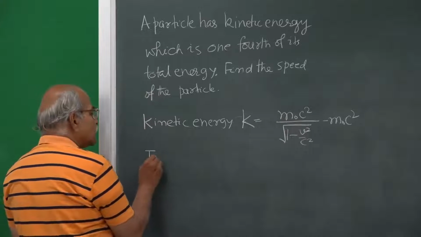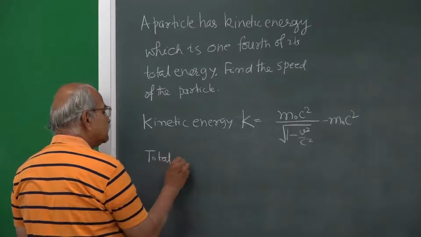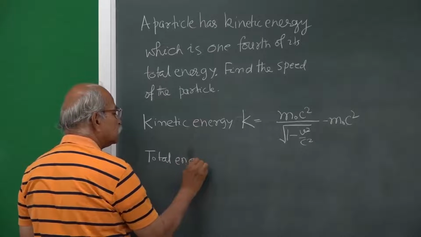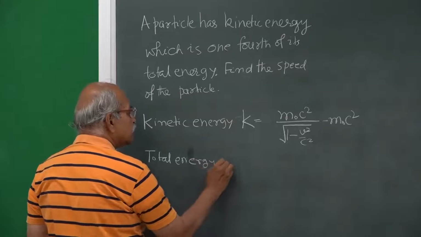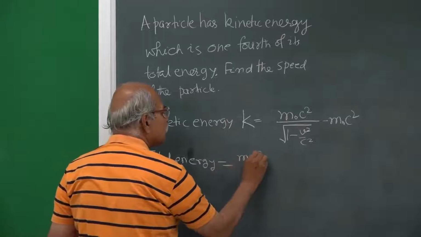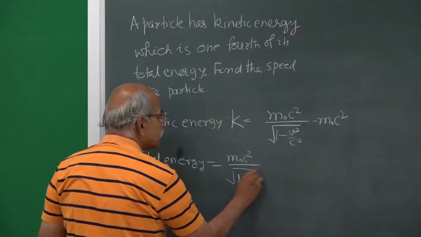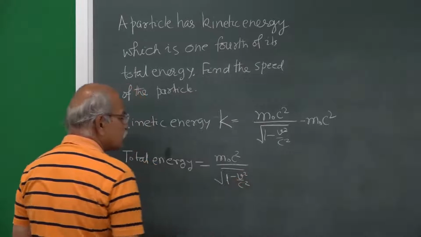So, total energy is m naught c square divided by square root of 1 minus v square by c square, that is total energy.